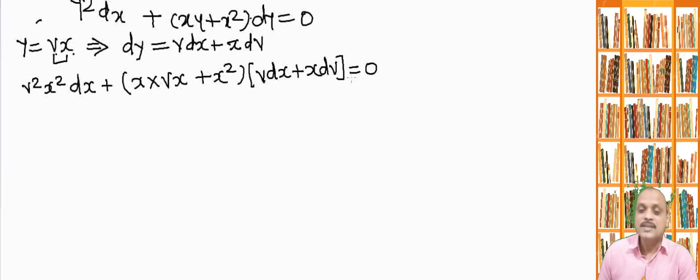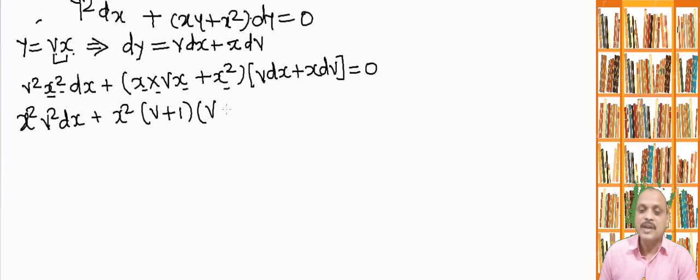Now you can see that everywhere here x square, we can take x square common. Here is also x square. From all these terms we can take x square common. Okay, so I will write one more step. This is x square v square dx plus x square common, so we have v plus 1 into v into dx plus x into dv equal to 0.